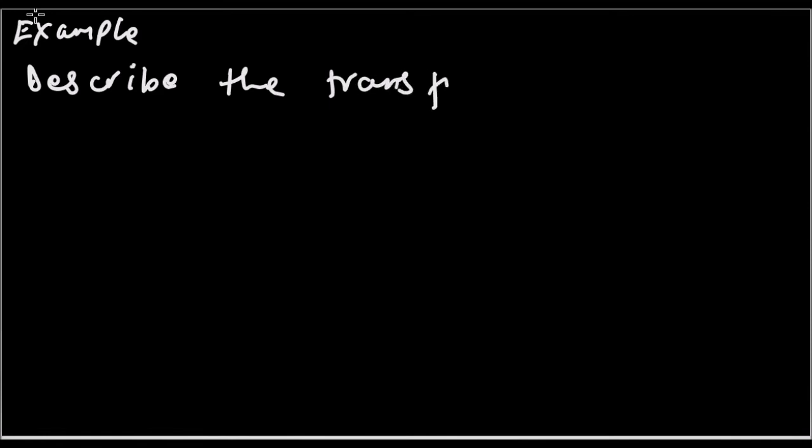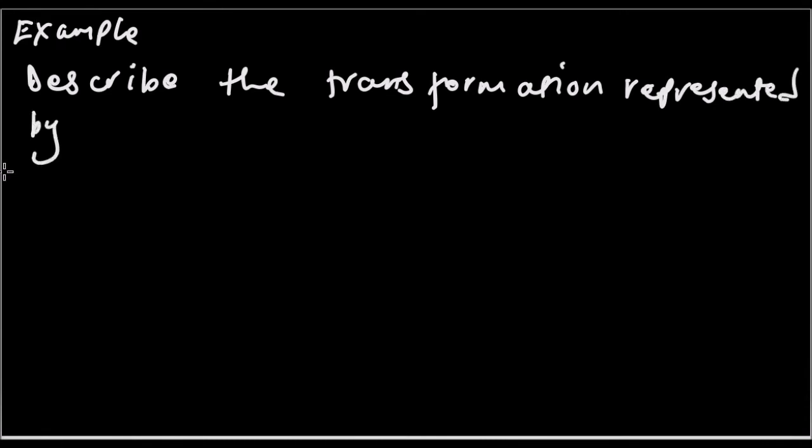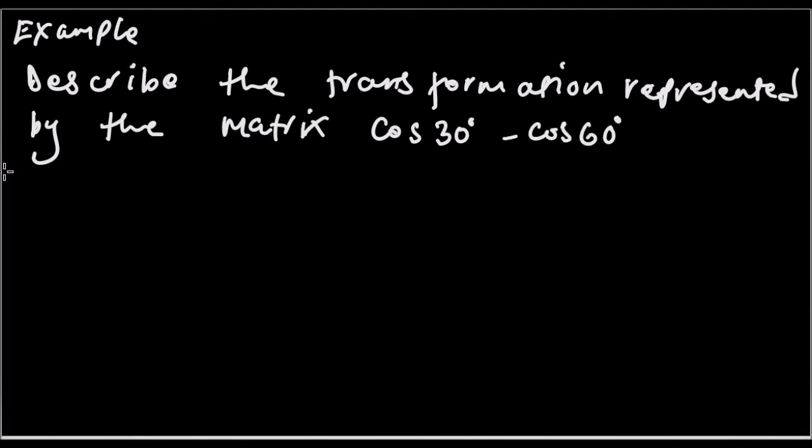This transformation is represented by the matrix: cos 30 degrees, minus cos 60 degrees, then sine 30 degrees, and sine 60 degrees.